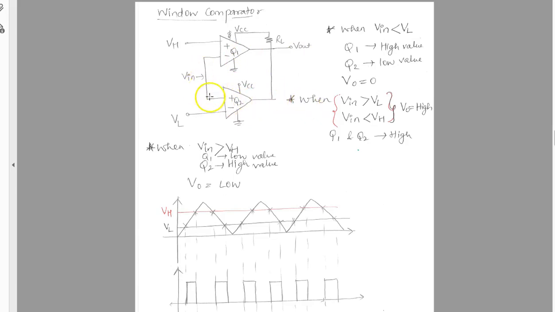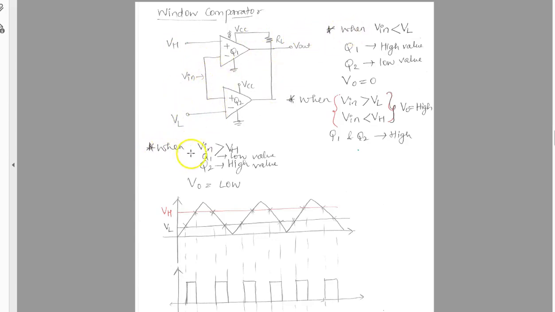Why? Because your Vin is lower than VL in this case. So Q2 will be low and Q1 will be high, but the total output in this case is going to be 0, because this is a window comparator. We have defined a window between VH and VL. When it's between them, only then is it going to be high.